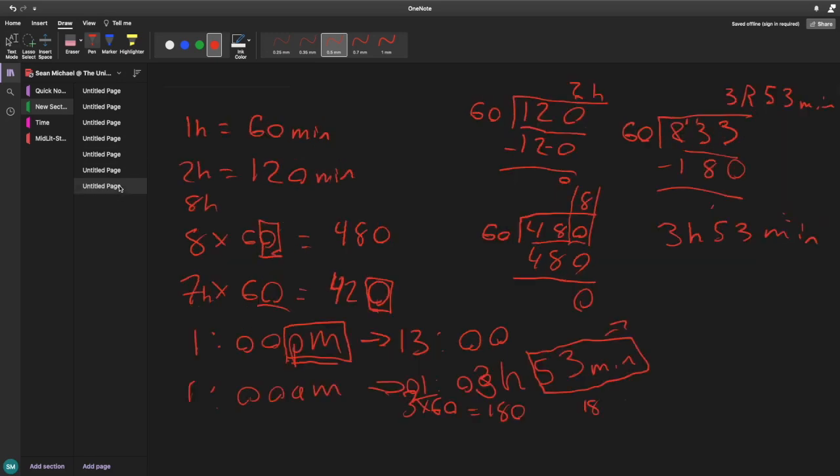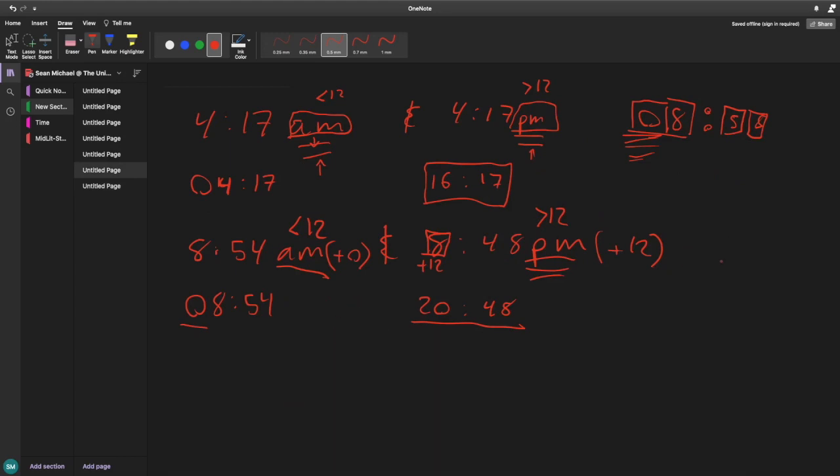And then finally, I just wanted to touch on one last detail, where if you're adding or subtracting time to find out how much time has elapsed.